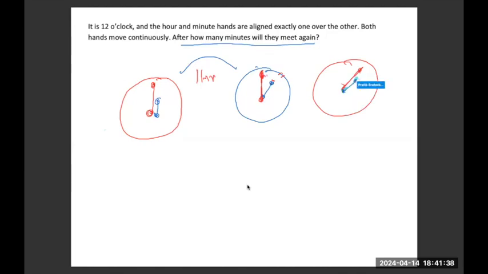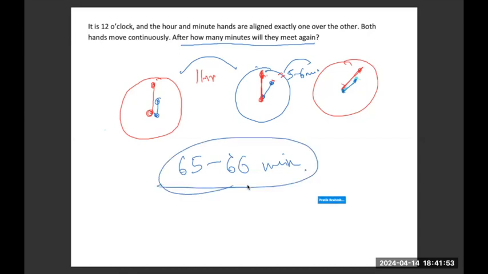Okay, so this will happen from this, at 5 to 6 minutes. So it can be 65 or anywhere in between in decimals also, and then it can also be 66. So in the exam, both answers between 65 and 66 as well as including 65 and 66 are accepted. Okay.